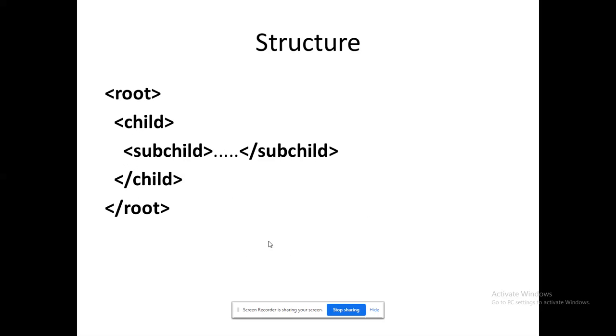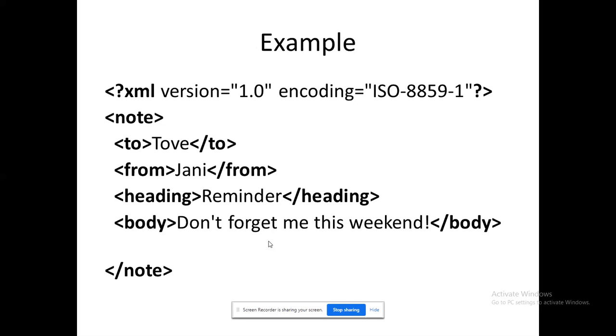So the basic structure of the program will be like this. Root, child and subchild will be there. So I can access all these nodes and the data of the corresponding nodes also. That is also possible, and we will be using that. It's a very simple example demonstrating simple user-defined code.